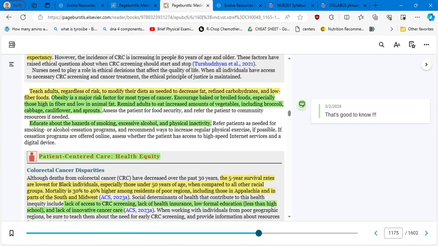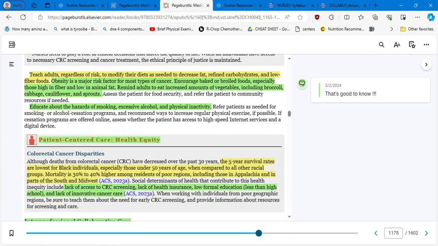Right? Teach adults, regardless of risk, to modify their diets as needed to decrease fat, refined carbohydrates, and low-fiber foods. Obesity is a major risk factor for most types of cancers. As I explained to you, it's a chronic inflammation. Obese patients are living in a state of chronic inflammation.